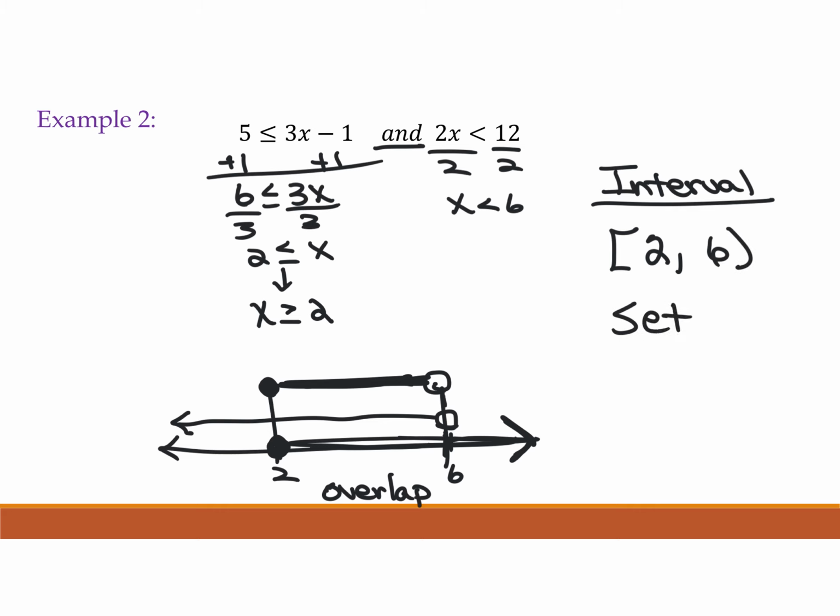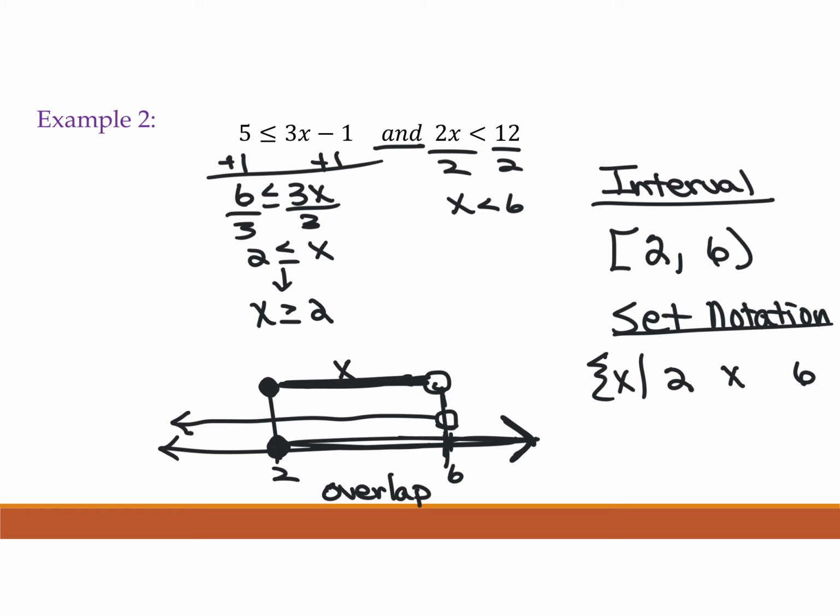Now in set notation, we know this is where we're going to have braces. We put a variable such that when you have a solution that is between two numbers, this is your part that represents x. So when we write our solution, we're going to have 2, 6, and we know x is between those 2 points.